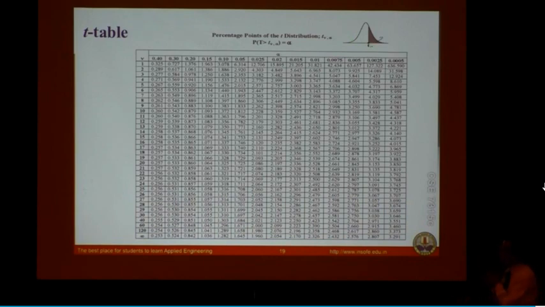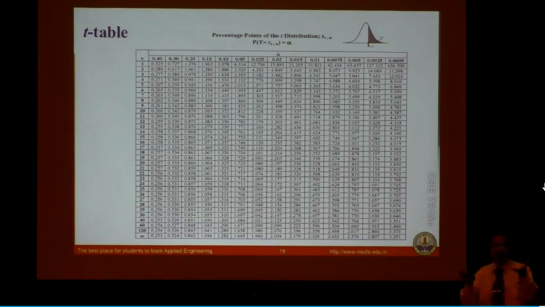In the Z table, the first decimal and the second decimal combined gave me the z-score. The z-score is not the area. Z-score is the x-axis value.